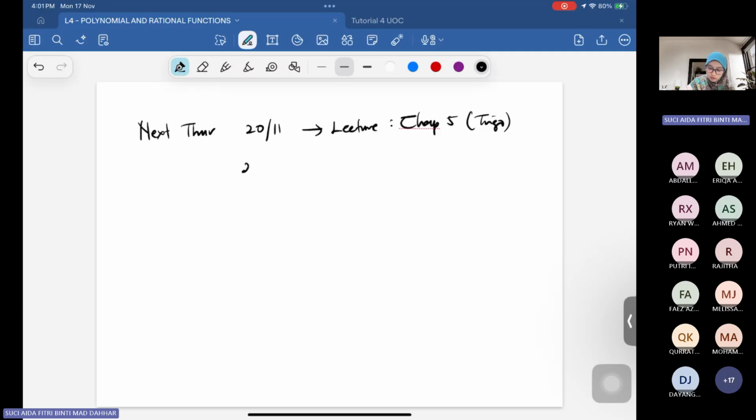But next week, supposedly on 24th of November, it's a convo week, so we don't have venue for physical class. But I will still do online class next Monday. I mentioned this to the management already. So 24th of November, I will still do online class. And also the same week on Thursday, 27th of November, I will also do online class.